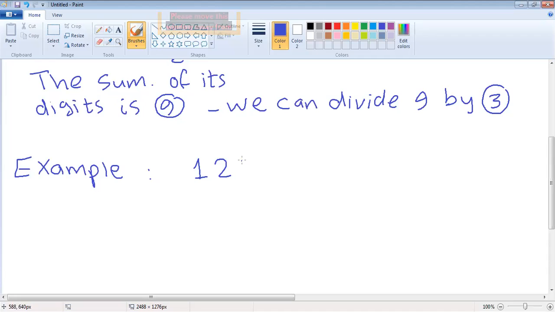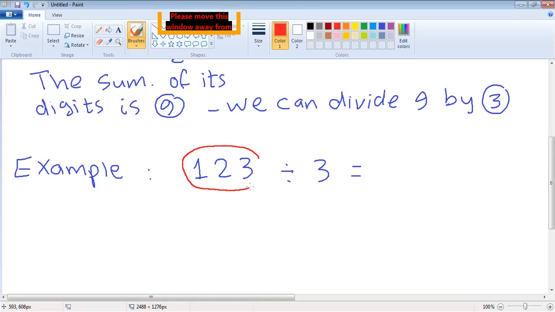Can I divide this one, 123, by 3? What should I do? I have to ask myself if I can divide this one by 3 or not. What is the rule? Abdullah, you have to add the digits of this one. Can you add them, please? 1, 2, and 3.